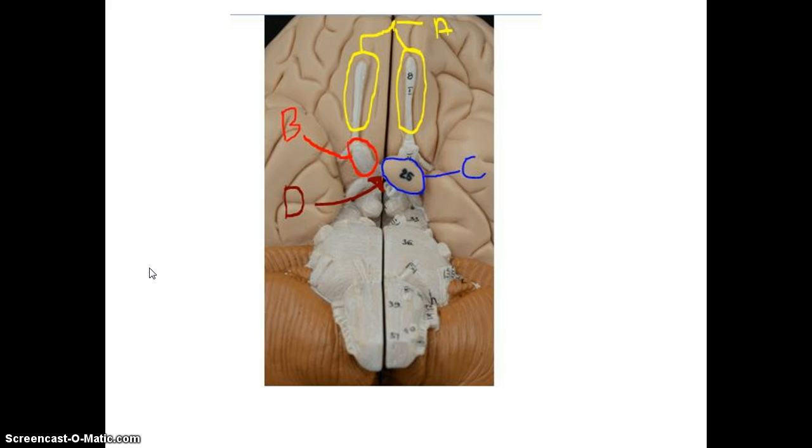Now looking at an inferior view of the brain, you have the olfactory nerve, which is your first cranial nerve. So you have the nerve here. Here you have your second cranial nerve, which is the optic nerve. Remember, these have been cut. They would actually come to the back of each eye, obviously. Underneath the pituitary gland here, where the optic nerves cross, is called the optic chiasm.